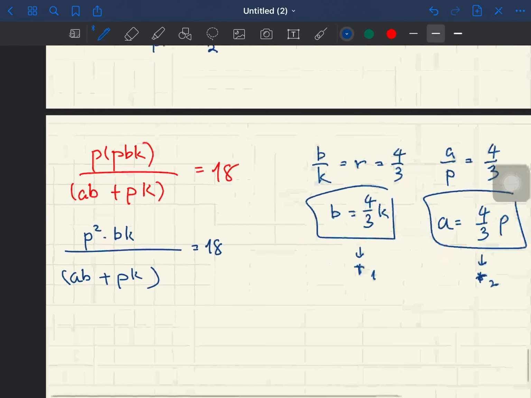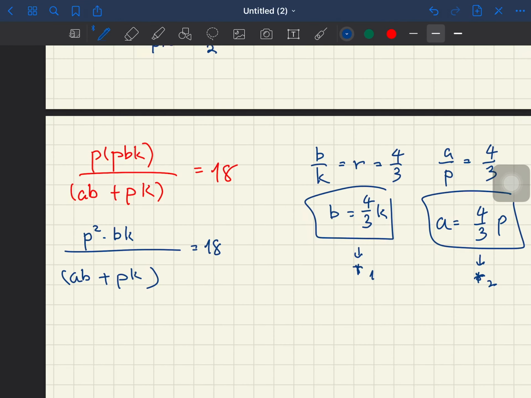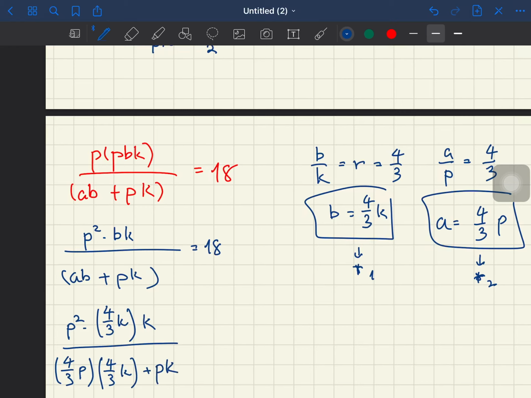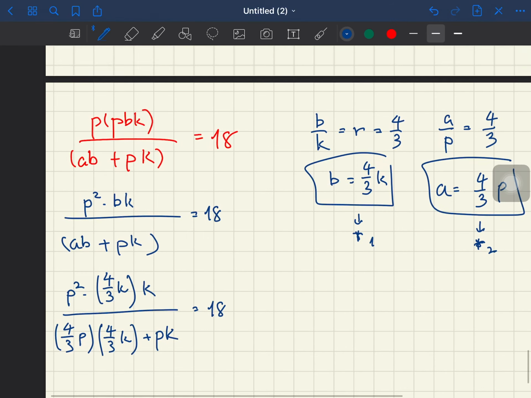Okay, and so I can just substitute b in terms of k and also a in terms of p. So p squared times 4/3 k times k, and then over a, which is 4/3 p, times b, 4/3 k, plus pk equals to 18 in this case.